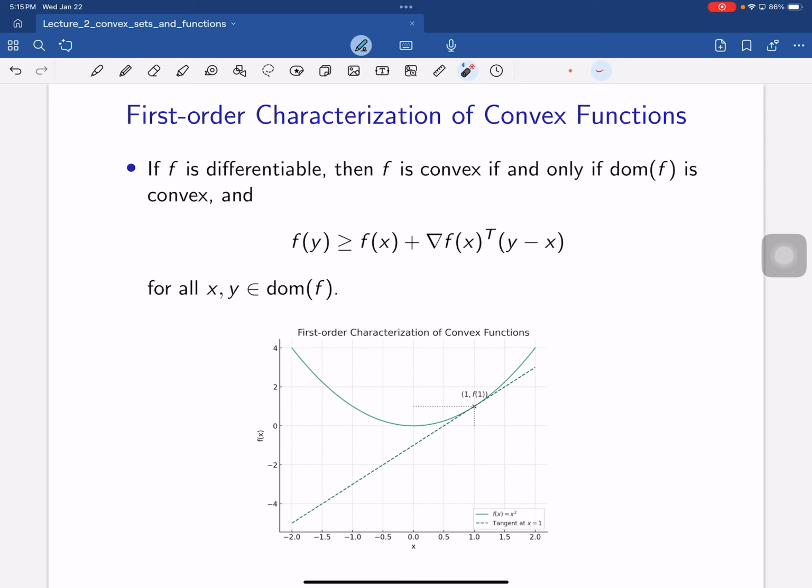But if you take this first order approximation, it is always smaller than or equal to f of y. That's what this means in a geometric sense. Okay. Now we are going to prove this. Any questions so far for the definition? Okay. So let's show it real quick.